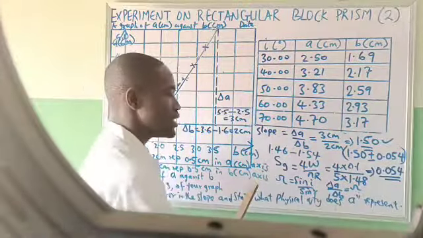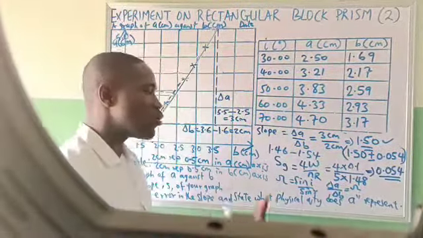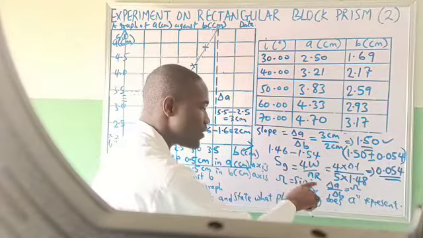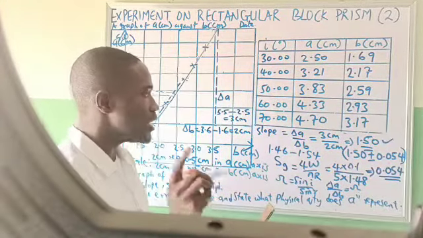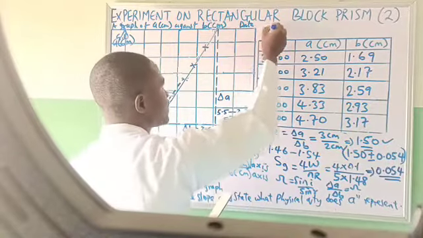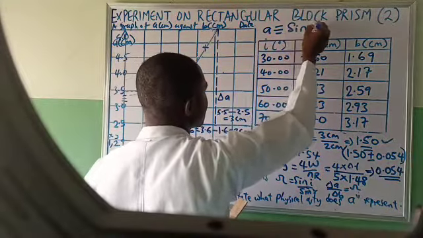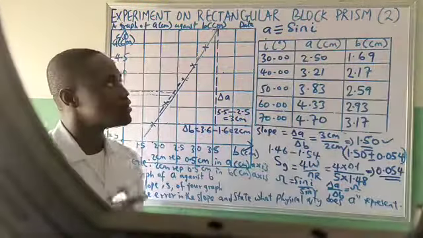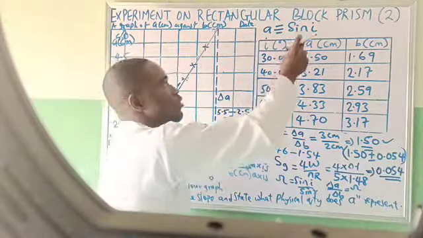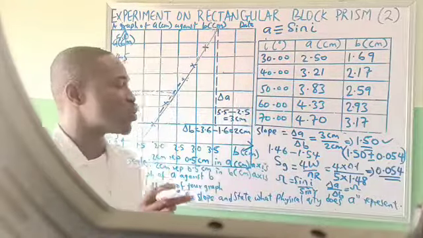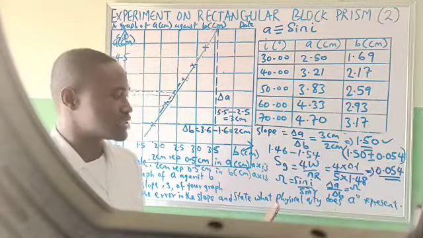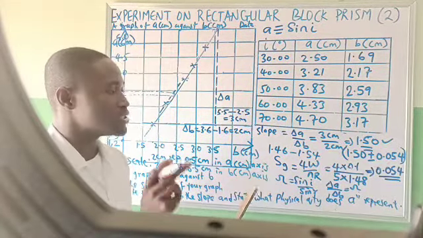That means that A is equivalent to sine of incidence. A is equivalent to what? Sine i. Yes, that is sine of angle of incidence. That is the physical quantity it represents.